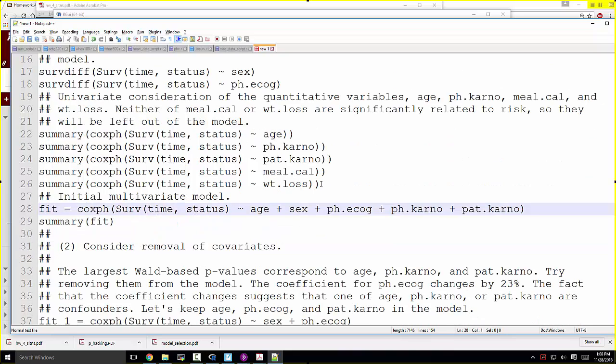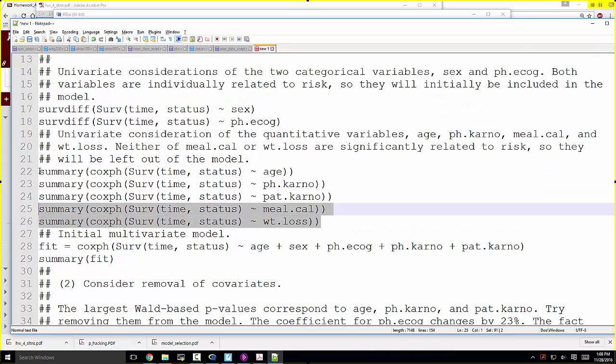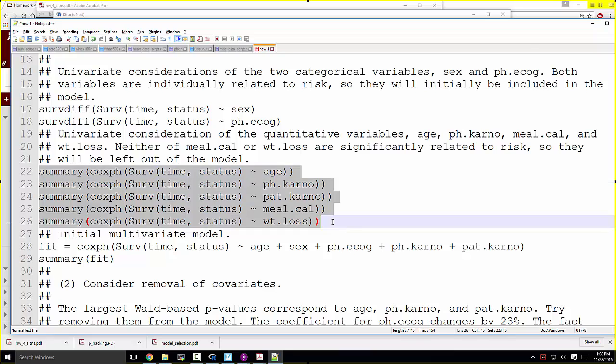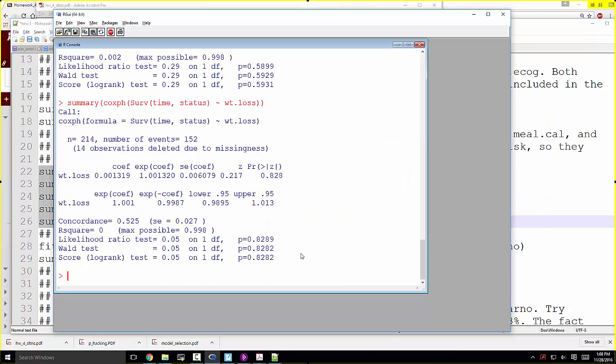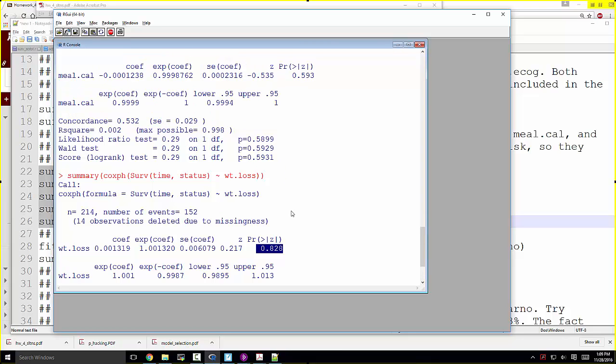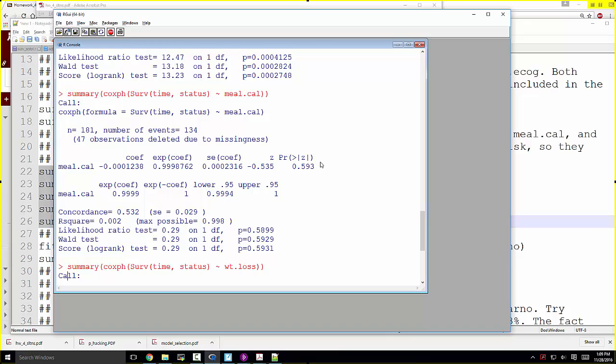We're going to initially remove meal calories and weight loss. I think everybody did that because the p-values were really big for both of them. Here's weight loss, p-value 0.8. Here is meal calories, p-value 0.6.